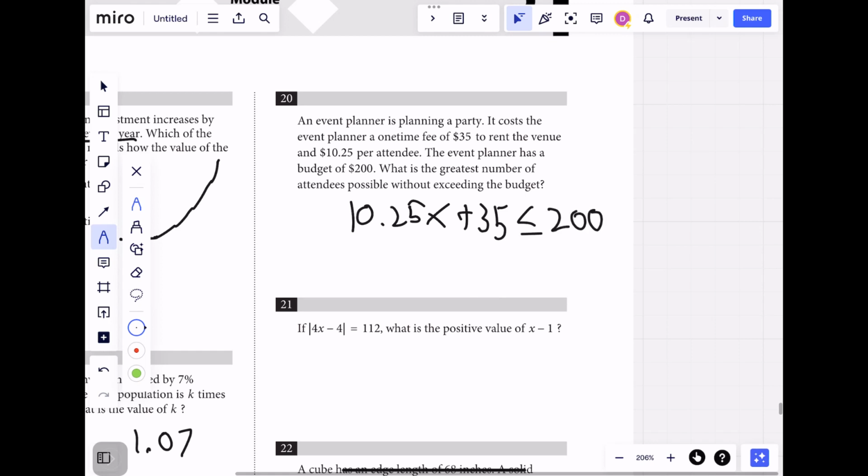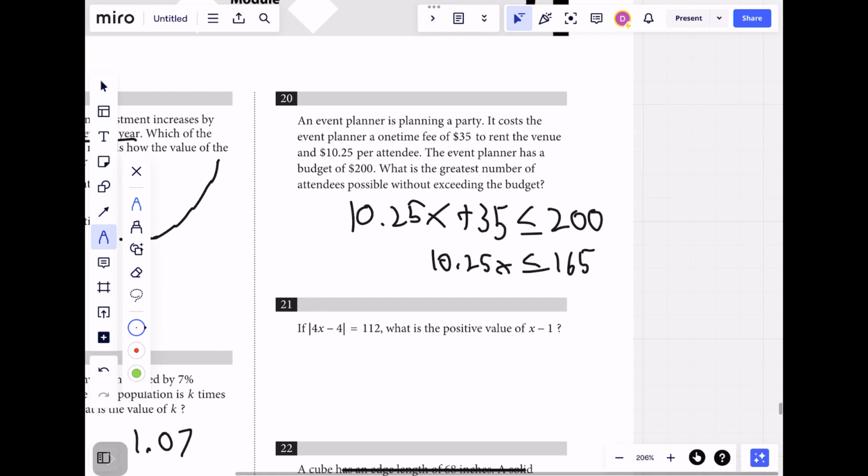We can subtract 35 from both sides, and then divide both sides by 10.25.